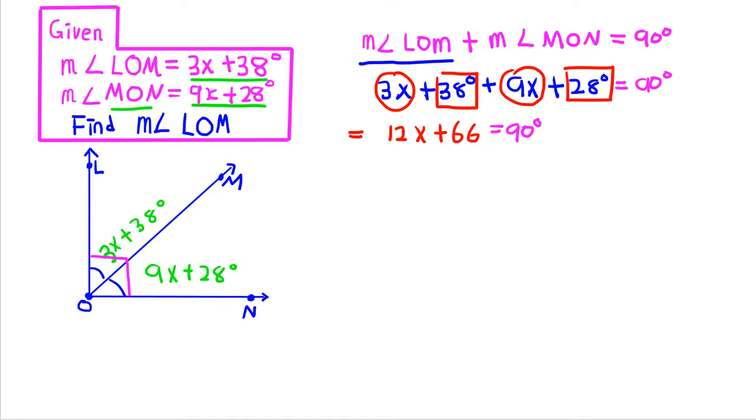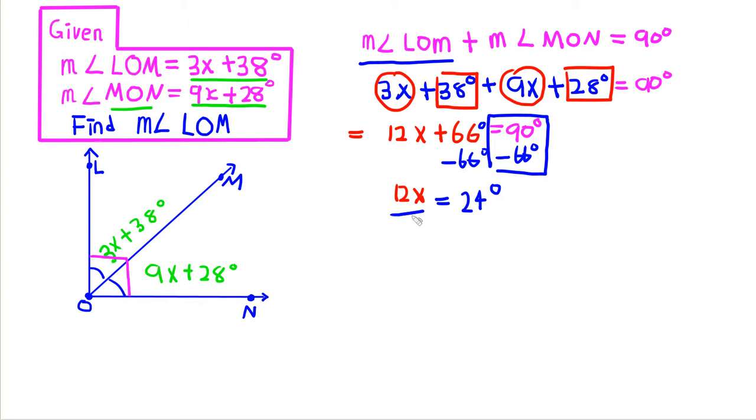And we can subtract 66 from both sides in order to isolate 12x on the left side. So minus 66 degrees. On the left side we have 12x, which should be equal to 90 degrees minus 66 degrees, which is 24 degrees.